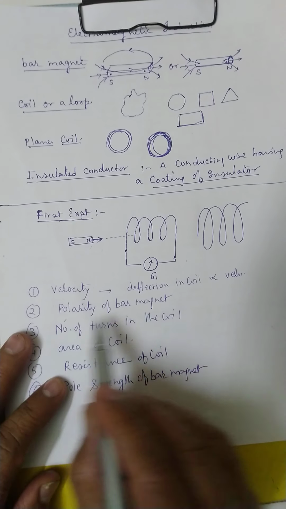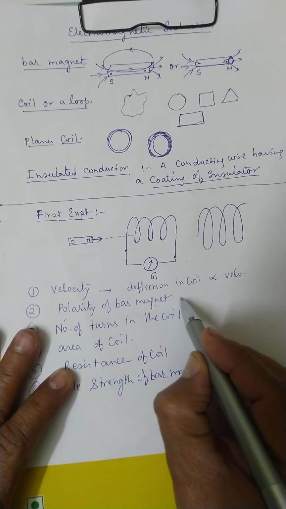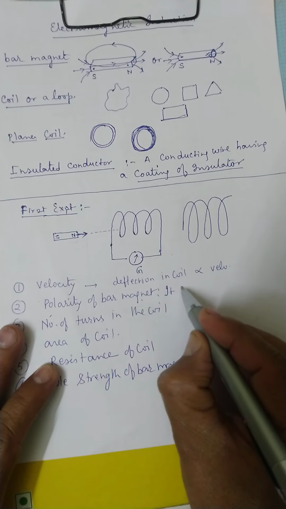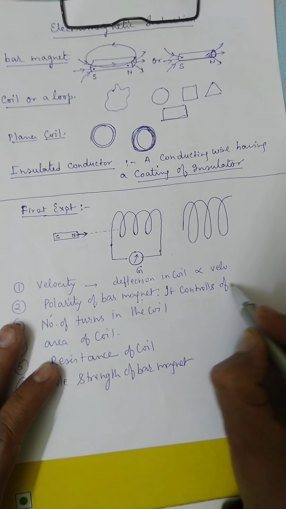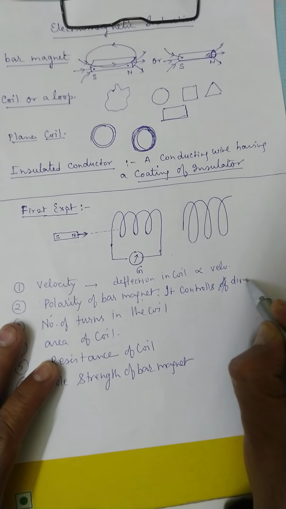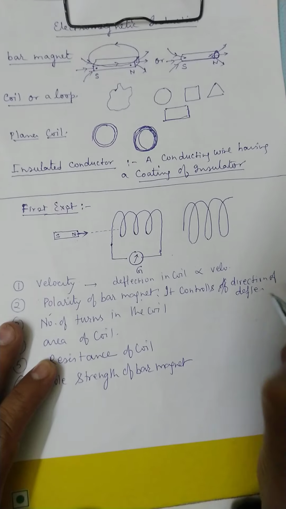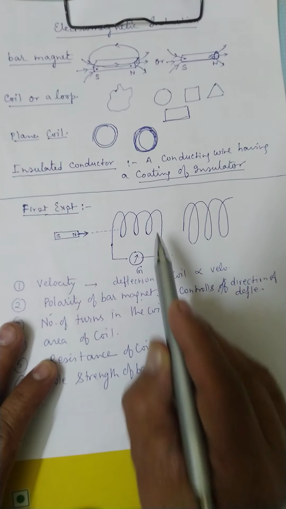So I would like to tell you here, the polarity of the bar magnet becomes important. It controls the direction of deflection. Direction of deflection means direction of current which is produced in the coil.